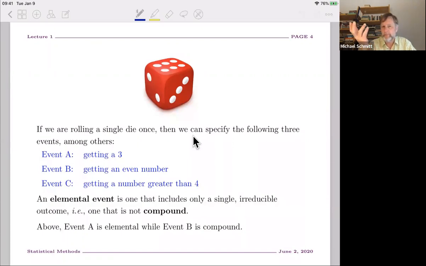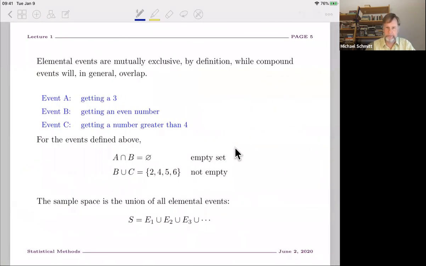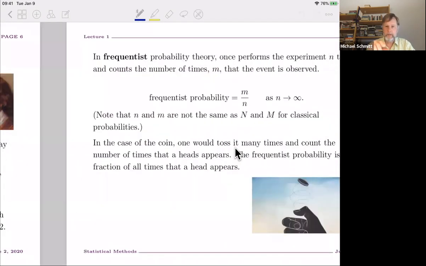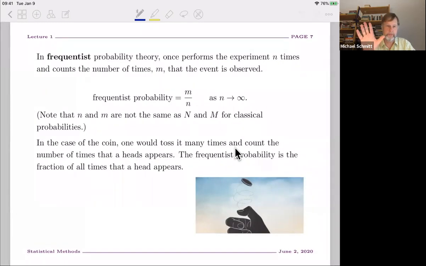For the die, maybe it's constructed to make them the same, but they're the same to what degree? So the weakness of the classical theory is that it necessarily involves assumptions that may or may not be true. The weakness or advantage of the frequentist approach is that it makes no assumptions. It just says that we're going to determine the probabilities empirically, and to the extent that we do a good job, we'll get exactly the right answers.